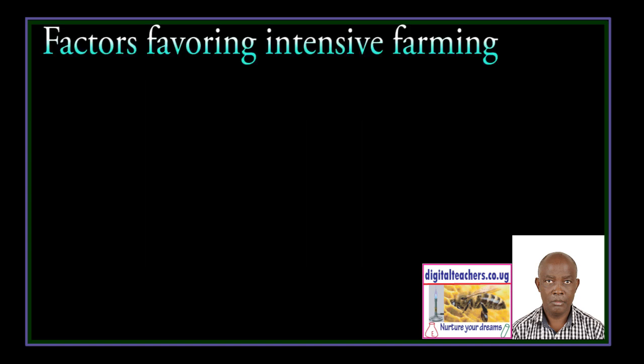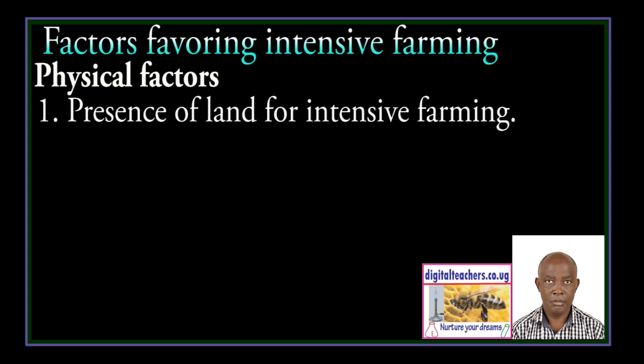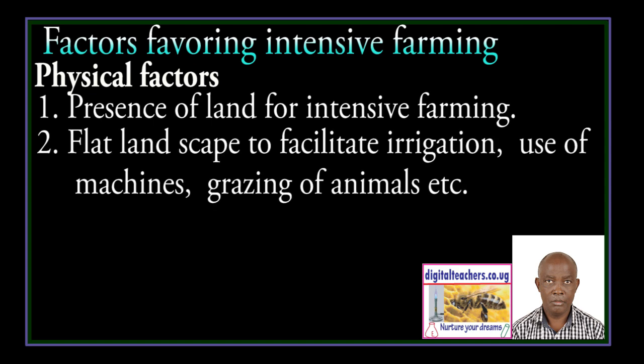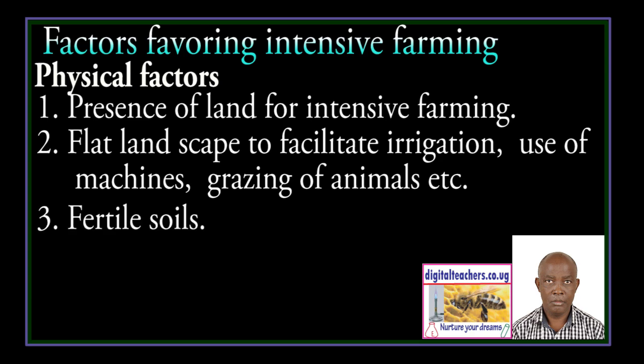Factors favoring intensive farming. Physical factors. Presence of land for intensive farming. Flat landscape to facilitate irrigation, use of machines, grazing of animals, and so on. Fertile soils.